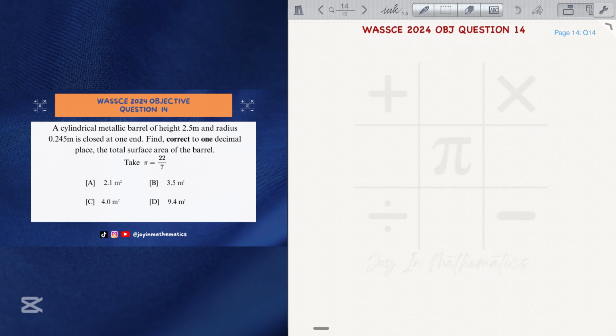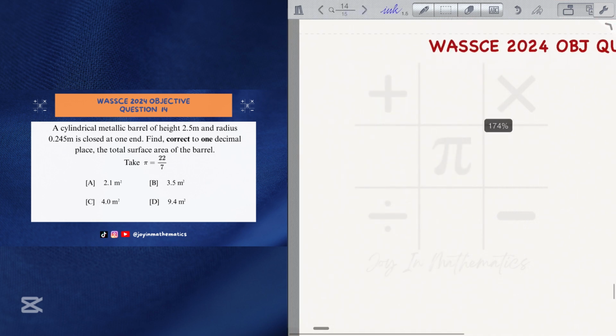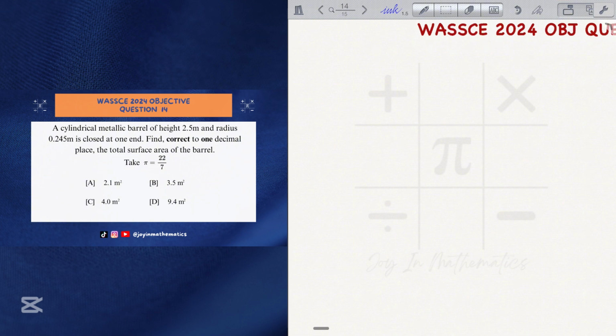Now, before we proceed, let's look at the various forms of the total surface area of a cylinder. The first form is when we have a cylinder which is closed at both ends.